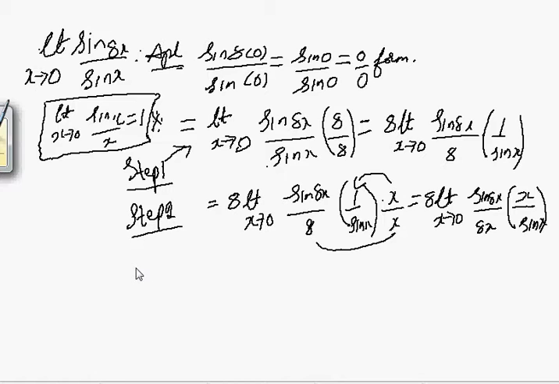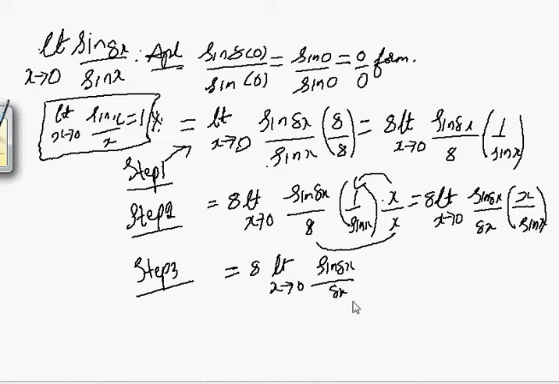Now my step 3 would be to again rewrite this quantity in this fashion. So this is going to be 8 times limit x tending to 0 of sine 8x divided by 8x.